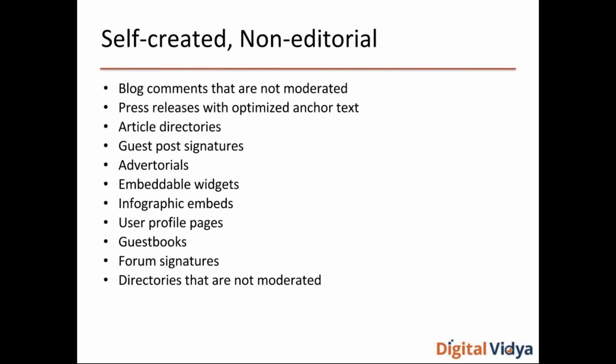Then press releases. There are a lot of PR sites that publish your link instantly. There are two types of PR sites here. One is paid and one is free. I'm talking about the free sites. And in free sites also, there are a few sites that won't publish your link instantly.